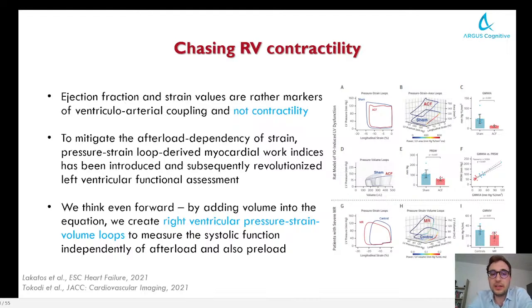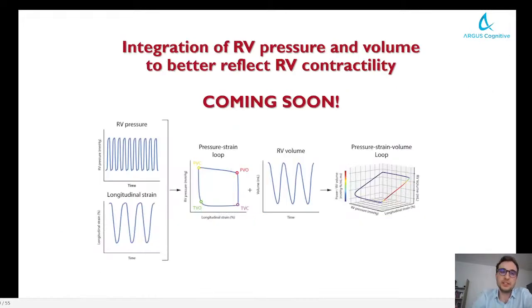And we even think forward, so we would like to add volume into the equation, and by generating three-dimensional right ventricular pressure, strain, volume loops, we want to measure systolic function independently of afterload and preload, so actually measure contractility in a real non-invasive way. It's coming soon, so what are we doing here? We have estimated right ventricular pressure curves.